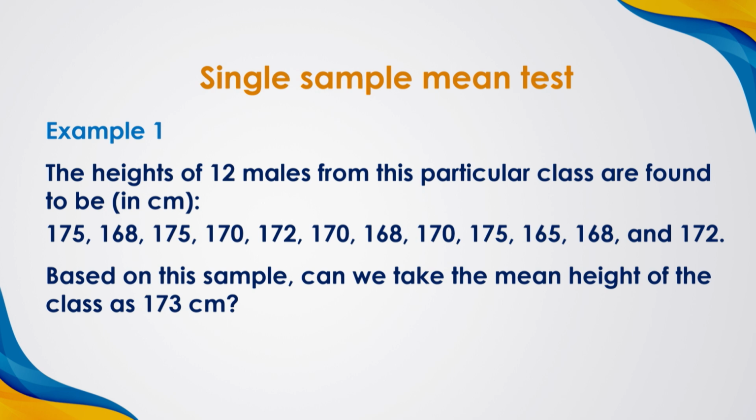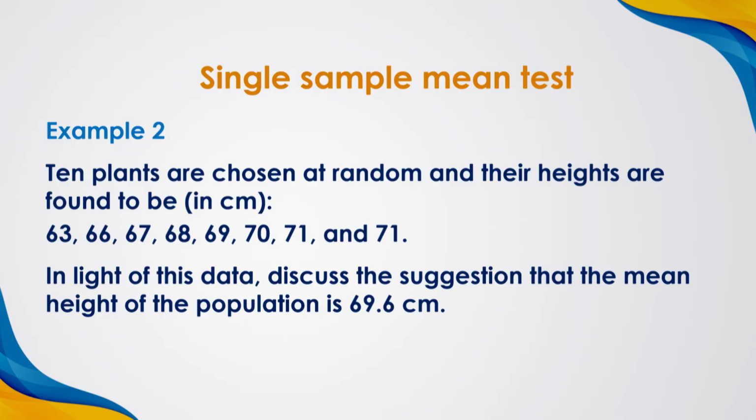Now, the question is, based on this information, can we take the average height of the population as 173? Here we are assigning a value to the population parameter: population average equals 173 centimeters.